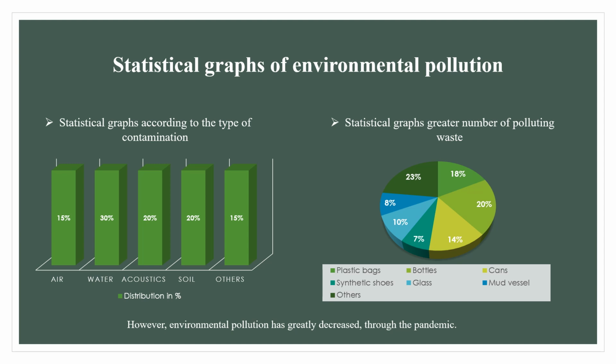A statistical graph of other types of waste: plastic bags with 20%, bottles with 18%, cans with 14%, shoes with 7%, glass with 10%, mud vessels with 8%, and others with 23%. However, environmental pollution has really decreased throughout the pandemic.